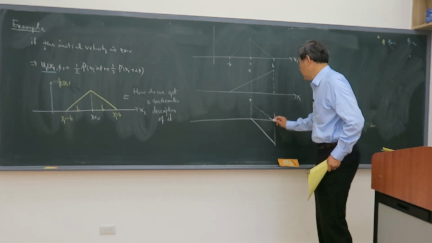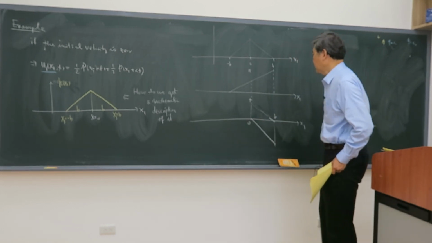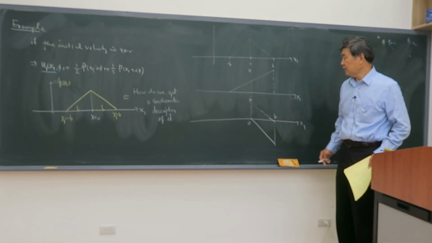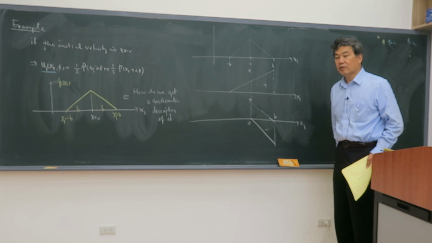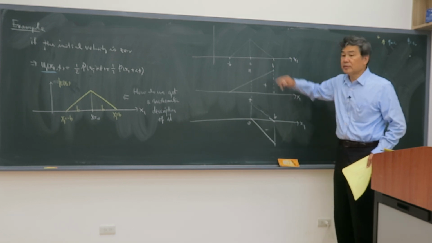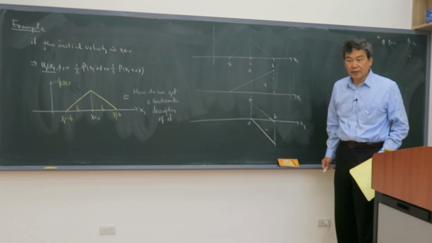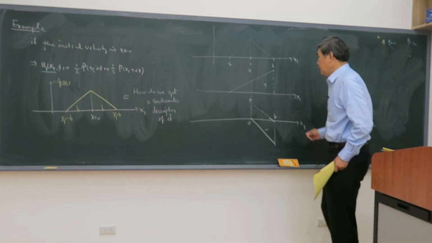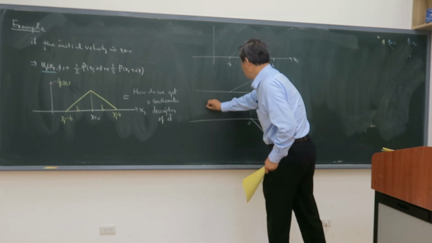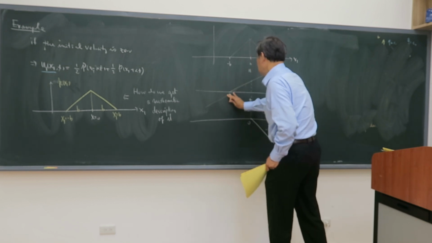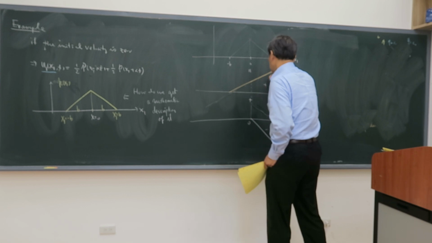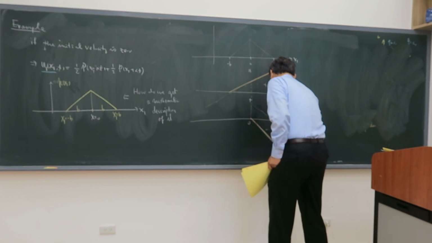Okay, it's B 0. If you add these two together, this is positive, it's negative. So added together it will be this one. Okay? And this one, this one, and this one.